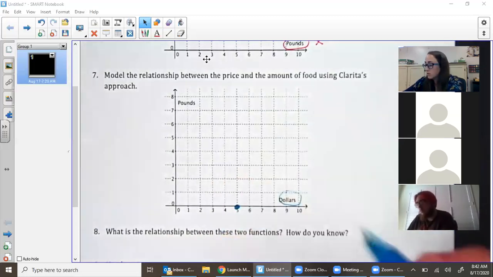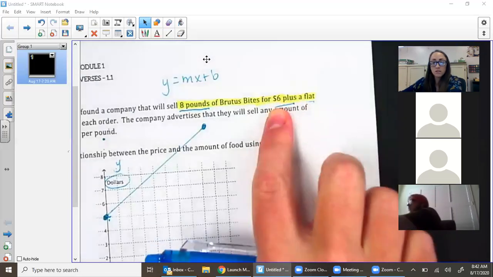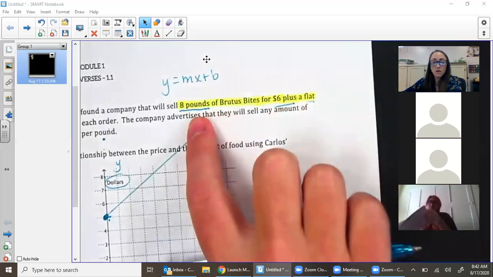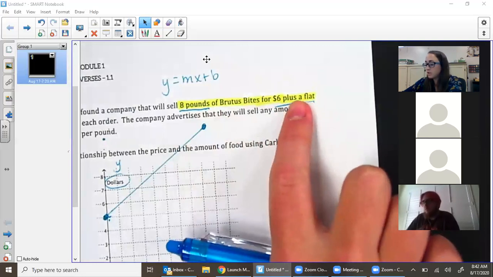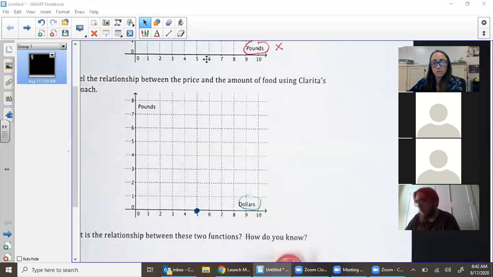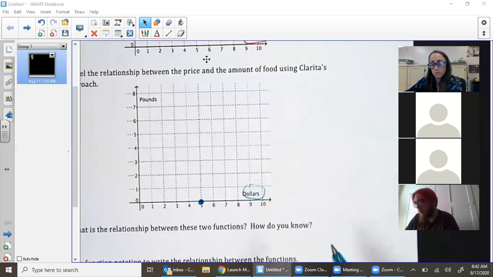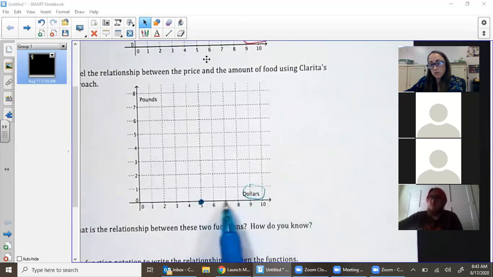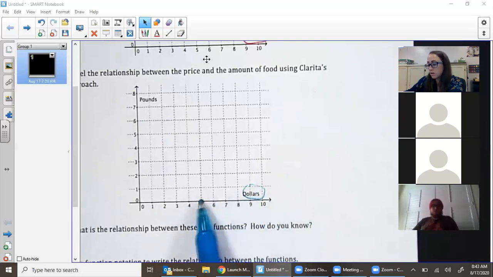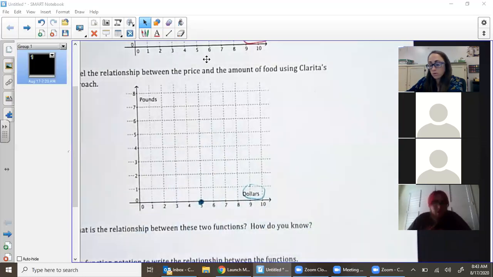Now I want to go back to the $6 for 8 pounds. Which way am I going to move for $6? Is it going to be $6 to the right or $6 up? To the right.